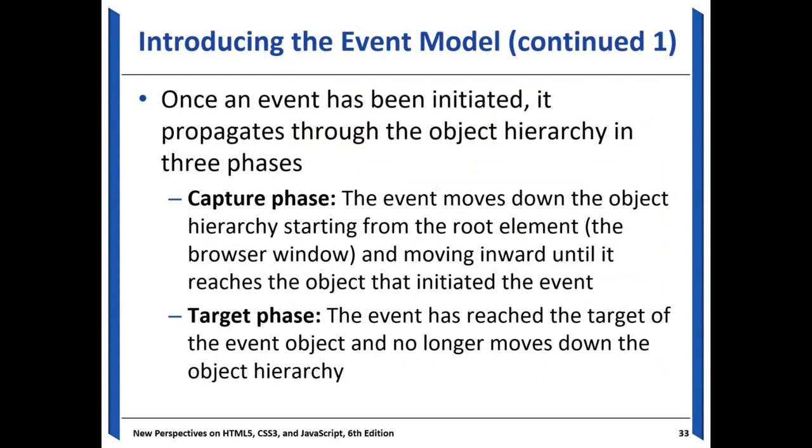We have the capture phase, where the event moves down the object hierarchy, starting with the root element, which is the browser window, and moves inward until it reaches the object that initiated the event. The target phase is when the event has reached the target of the event object and no longer moves down the object hierarchy.